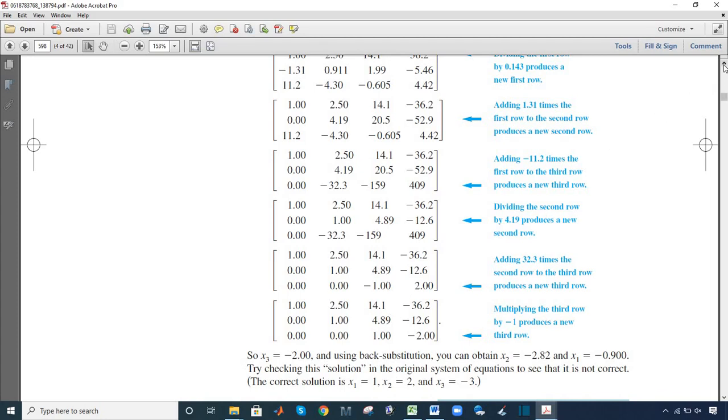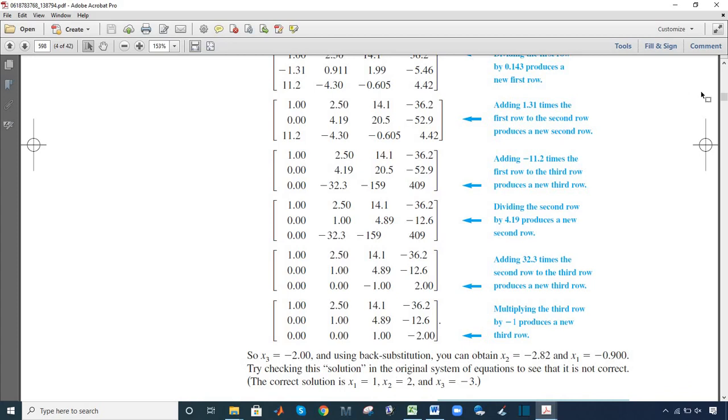You just have to make this 1, this element 0, this element 0, this element also 0, and then simply, this is x1, x2, x3, and these are coefficients, x3 is equal to -2. When you put this value into this equation, you will get x2, and when x3 and x2 are put in this equation, you will get x1.